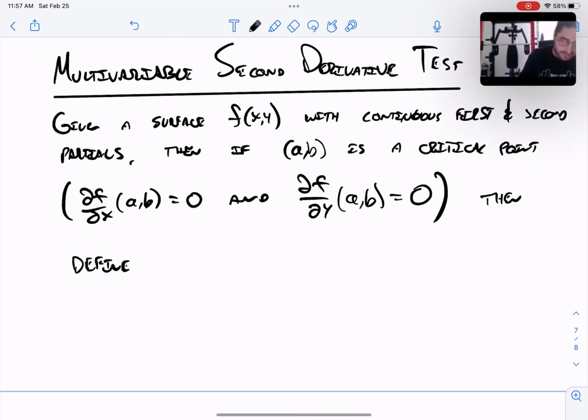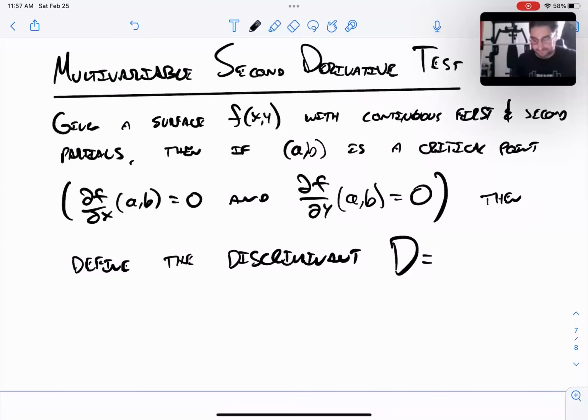Then we're going to define the discriminant. The discriminant is the product of the second partials with respect to x and y, minus the square of the mixed second partial.